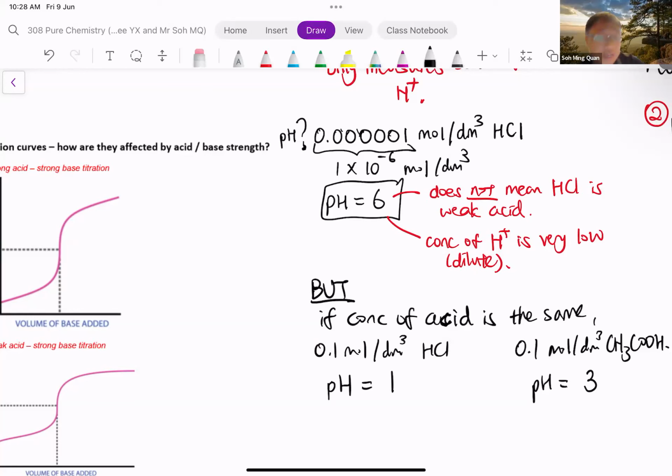So a weaker acid has a higher pH, a stronger acid has a lower pH, if the initial concentration of the acid is the same. Okay?